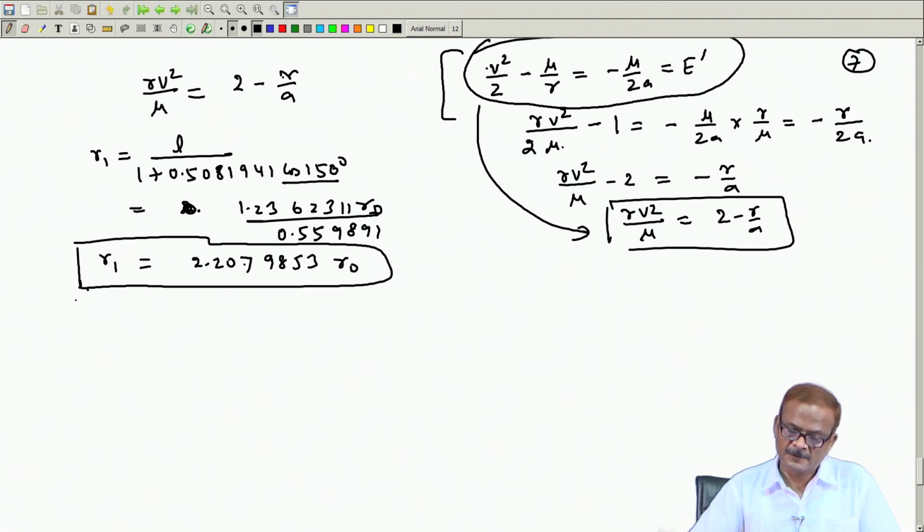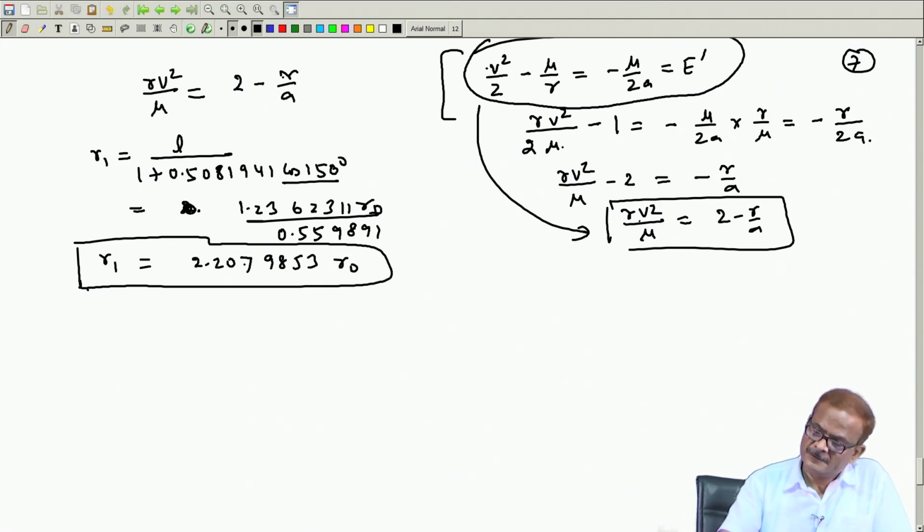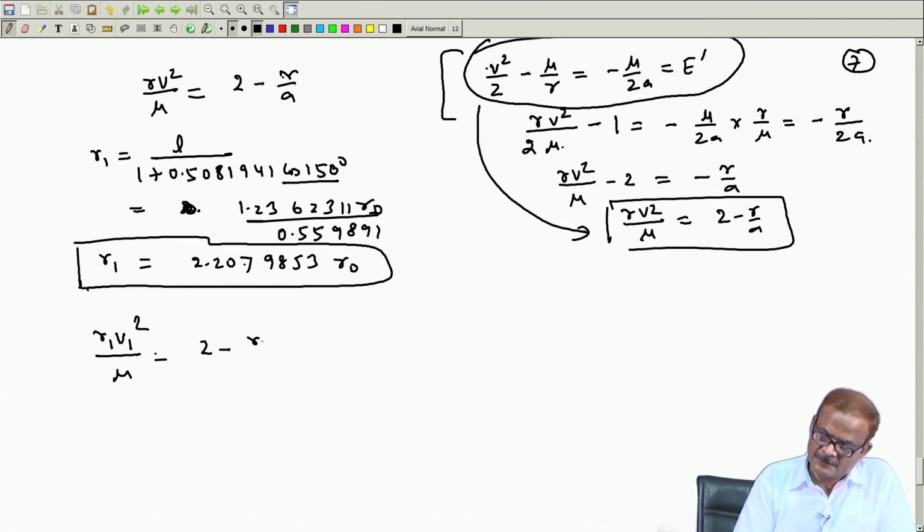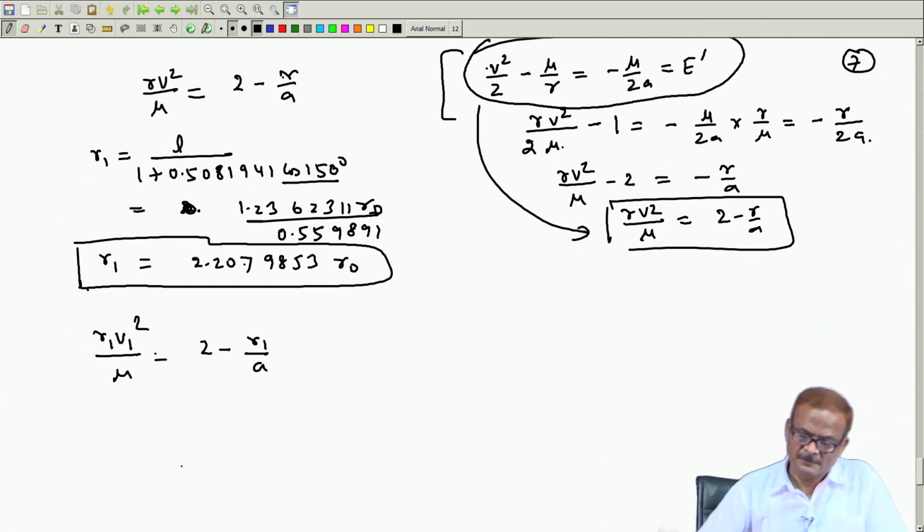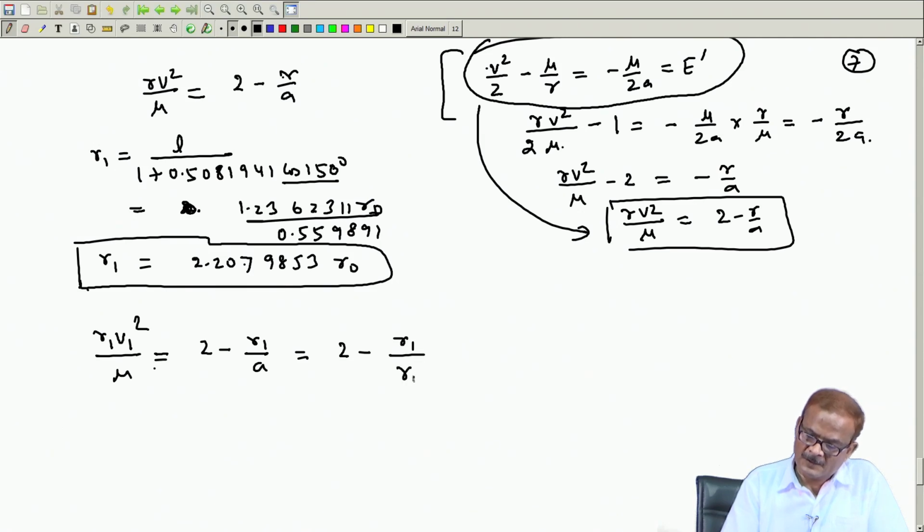So, this is the value of R 1. So, what we need here in this place is R 1 V 1 square divided by mu. So, this will be equal to 2 minus R 1 by A, and this can be written as 2 minus R 1 by R 0 times R 0 by A. We can also write it like this, because A is known.